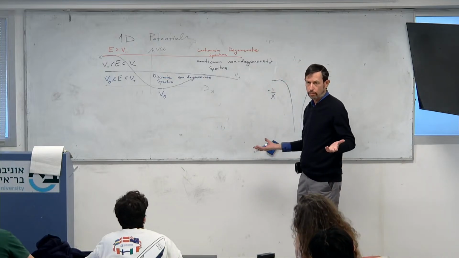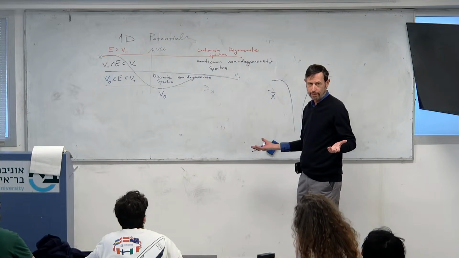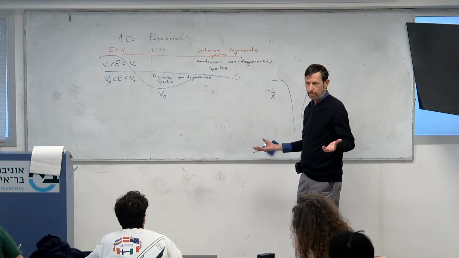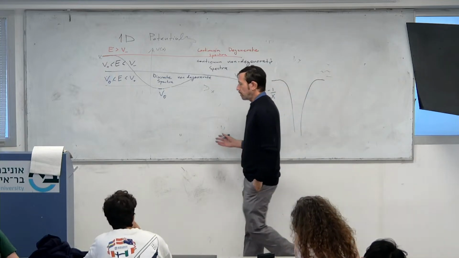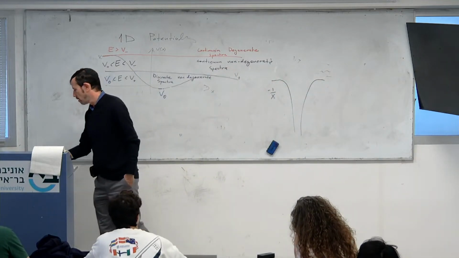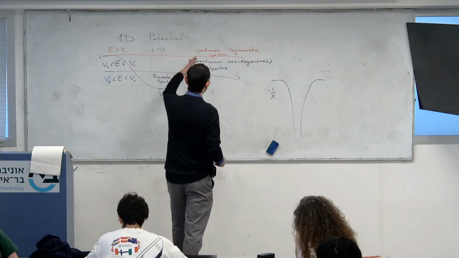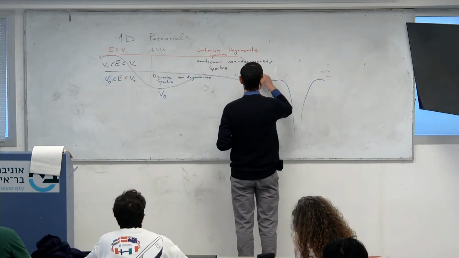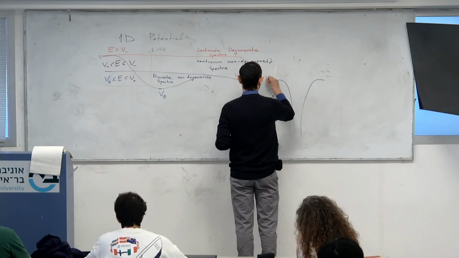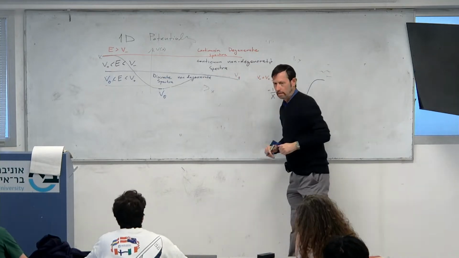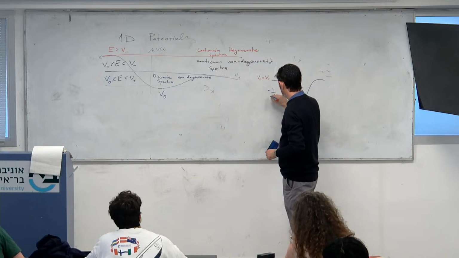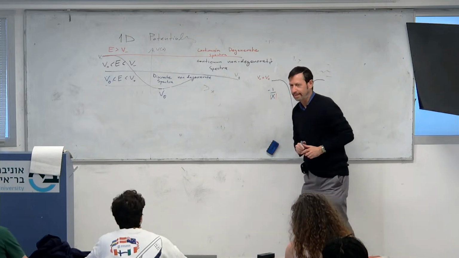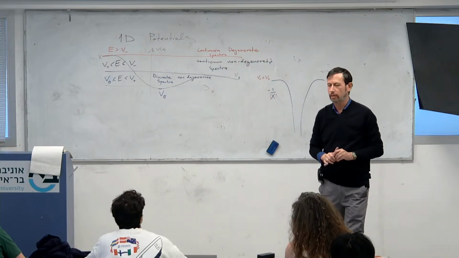Okay, this is a Coulomb potential. For this case, E, V minus and V plus, let's put absolute value here.